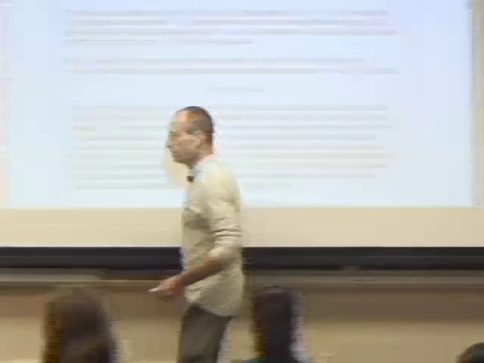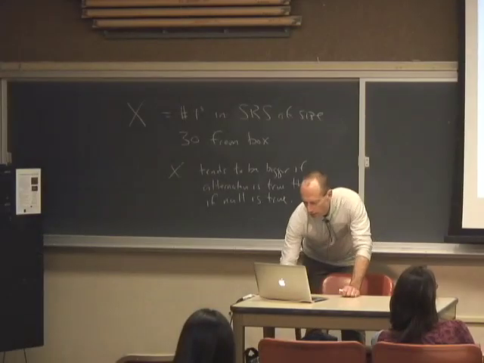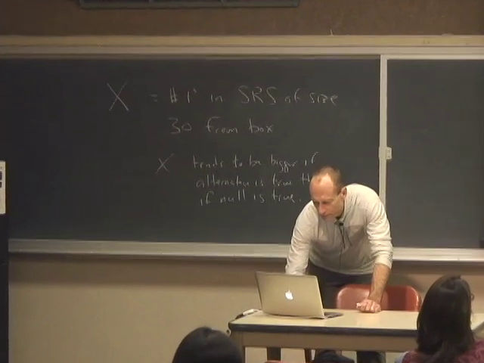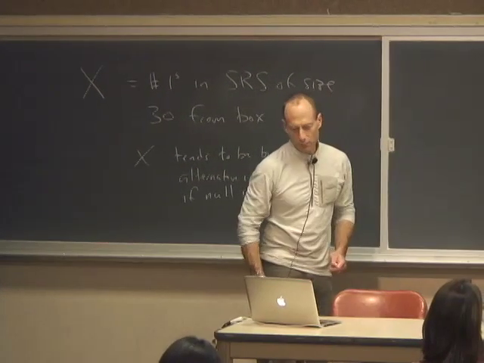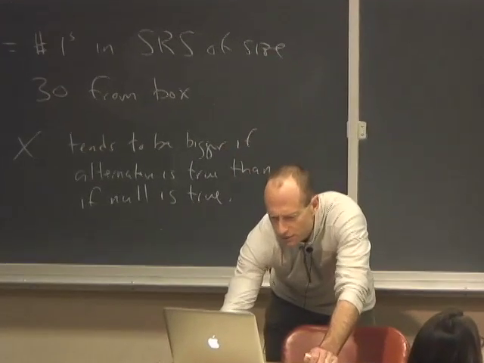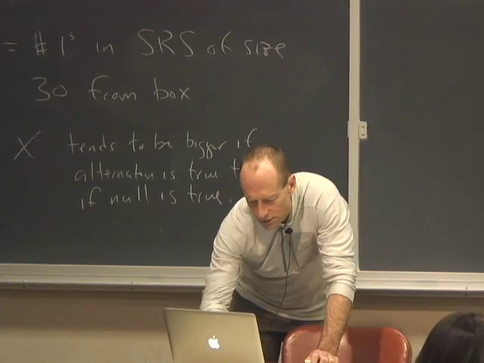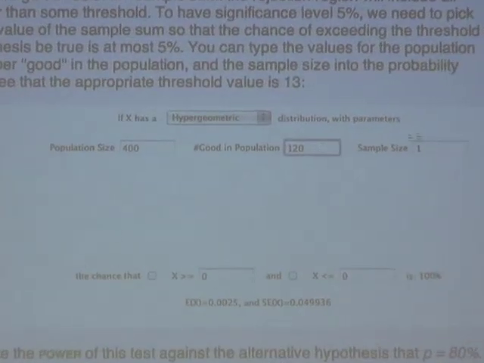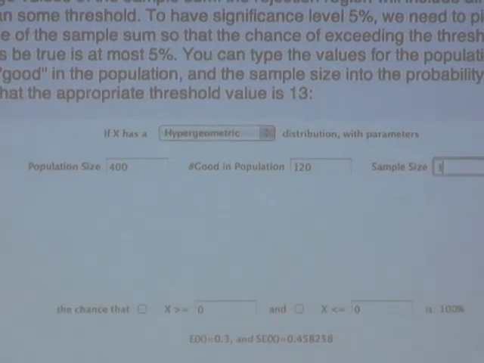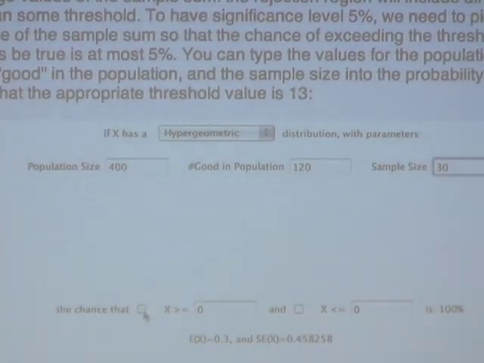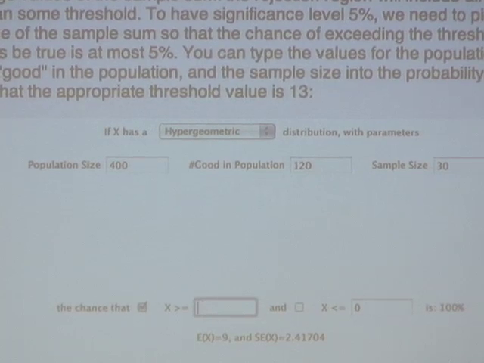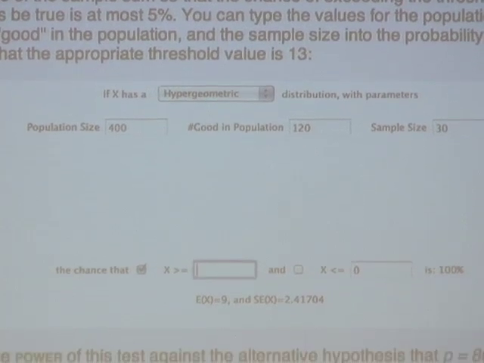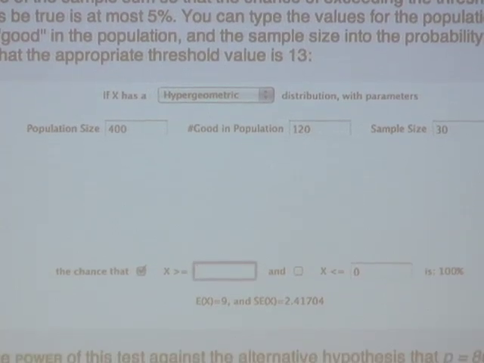So how do we go about finding that number? Population size is 400. The number good in the population is 120. The sample size is 30. And I want to find the smallest value I can so that the chance that x is bigger than that value is no bigger than 5%.